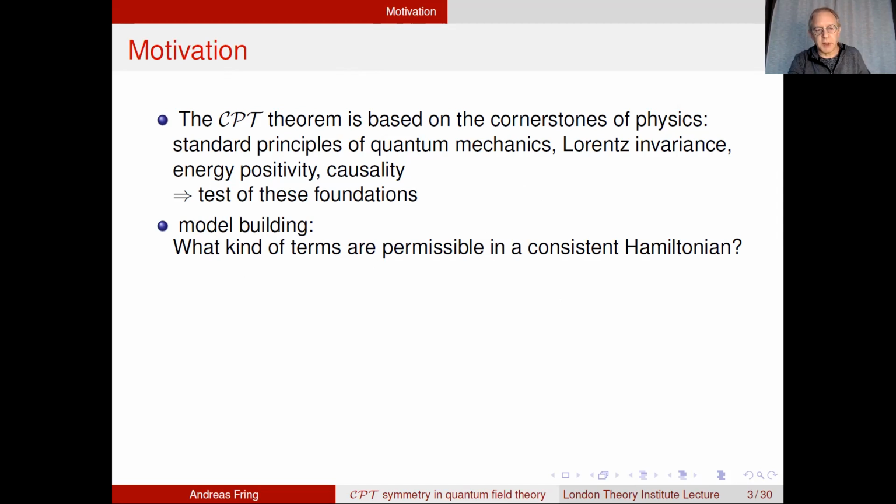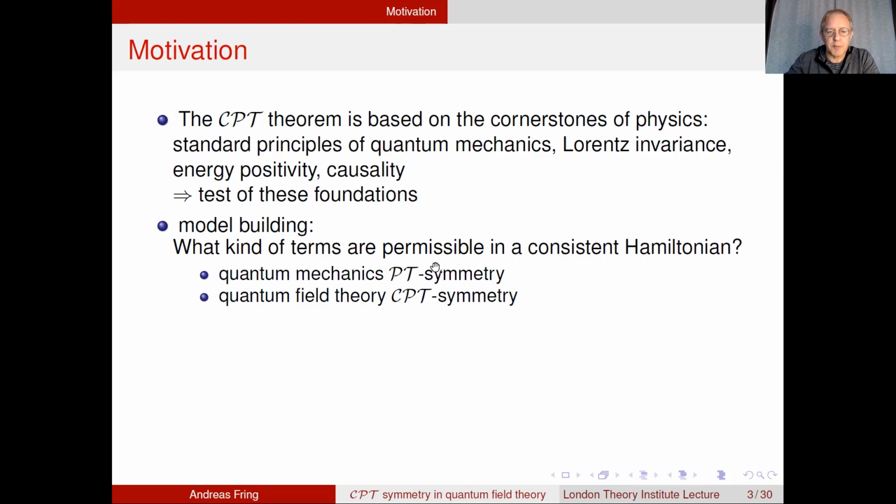And if you believe that CPT symmetry must hold, then you are already restricted to certain terms. So I will show how this works in PT quantum mechanical scenarios, and then also afterwards in quantum field theoretical scenarios when we also switch on C and have a full CPT symmetry.